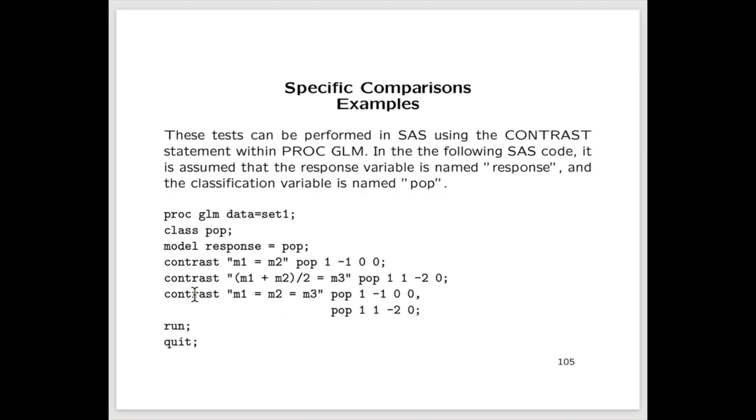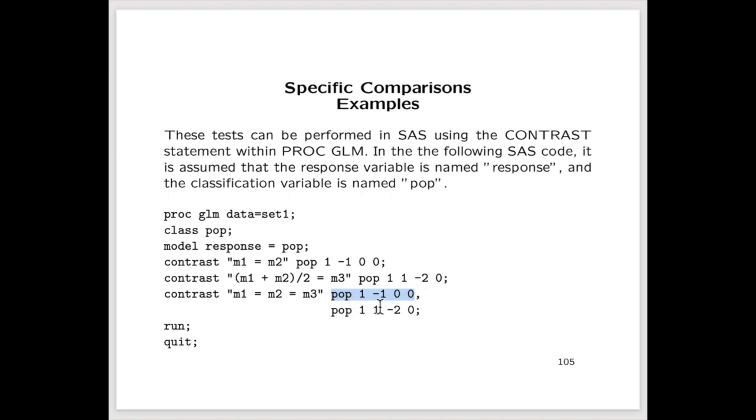And so we have the contrast statement, and then text inside quotes to label the contrast so that we can identify it in the output. And then we have the coefficients for the two contrasts that we've identified that will allow us to make this comparison.